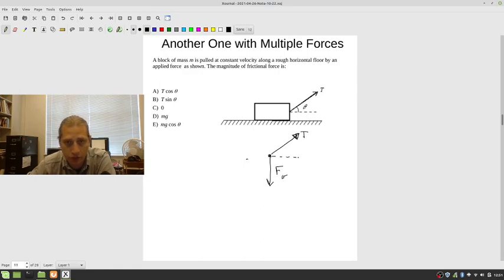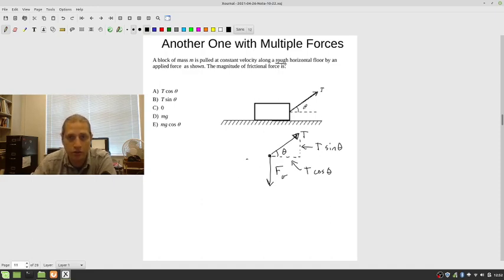That tension force, I can think of as acting in the x and y direction. The part of the force in the x direction would be t cosine theta. The force in the y direction would be t sine theta. So I've got a gravitational force, t.